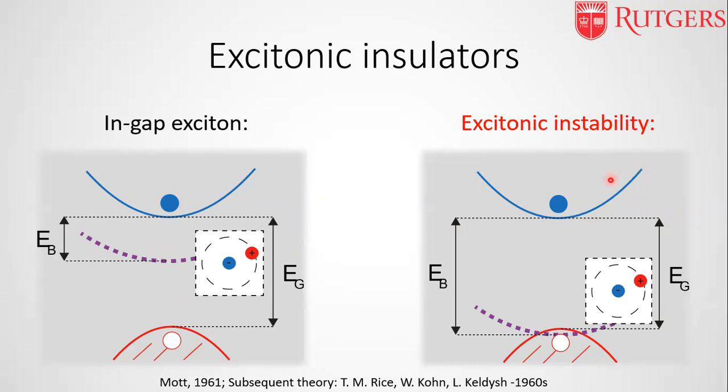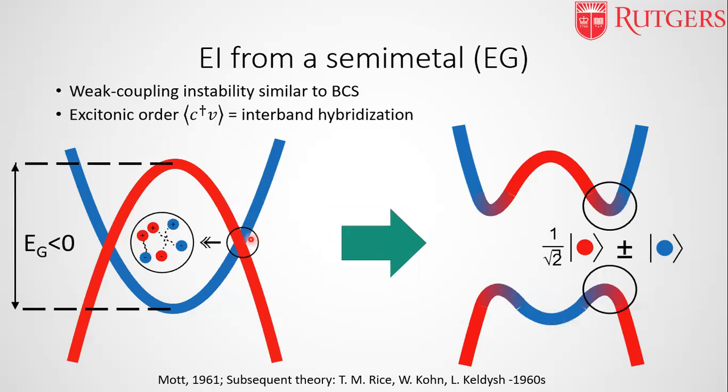However, one can imagine a situation where the gap is sufficiently small or the binding energy is sufficiently large such that the exciton energy is negative and it is profitable to proliferate those excitons, leading to a phase transition. It's even easier to imagine such a situation in a semi-metal, where you have electrons and holes in the ground state to begin with.